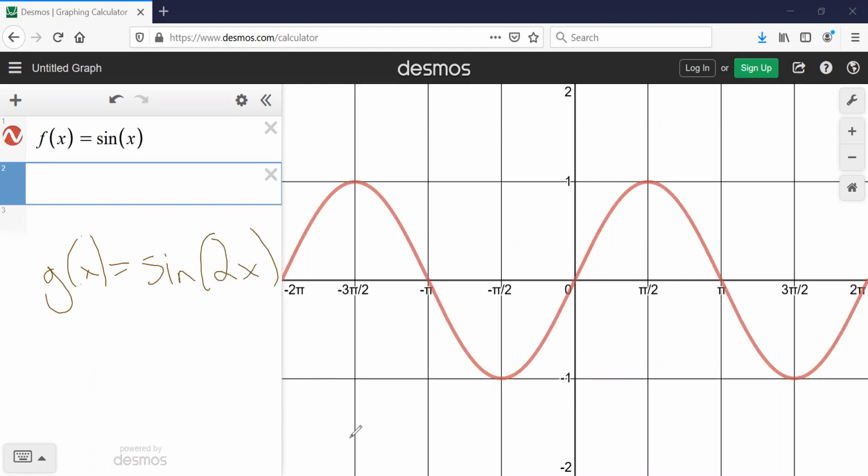So notice we've put this 2 here on the inside of the function. And before we graph it, I just want us to predict how will this change the graph of the function f, having that 2 on the inside.